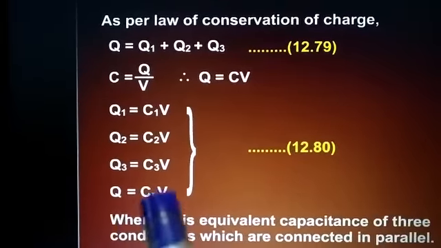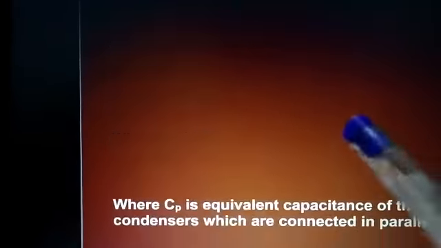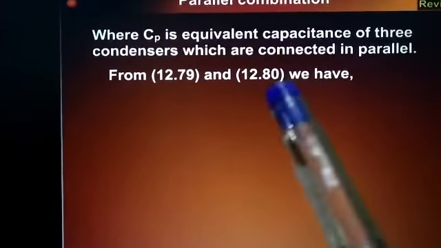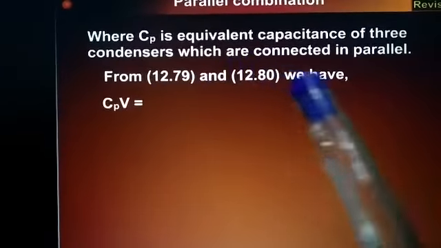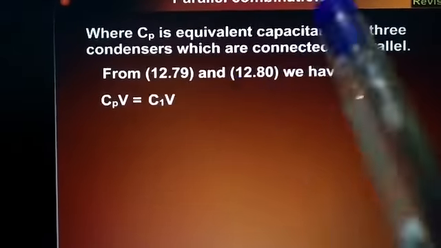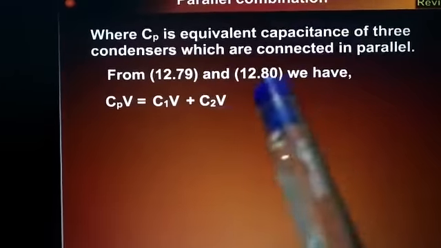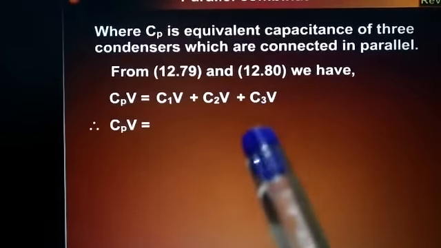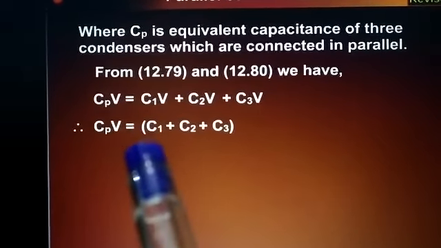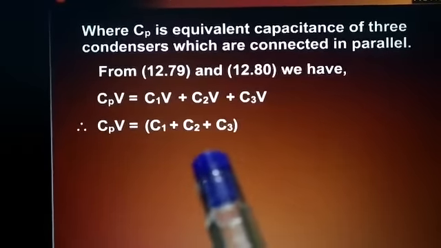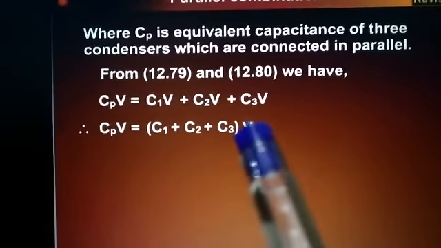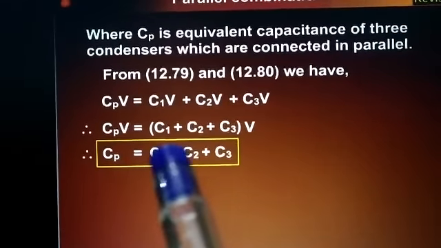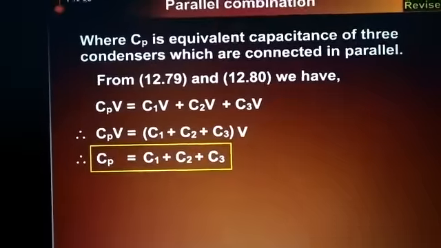In parallel combination we get Cp, and in series combination we get Cs. Considering the above equations, CpV is equal to C1V plus C2V plus C3V. V is a common factor. So Cp is equal to C1 plus C2 plus C3.